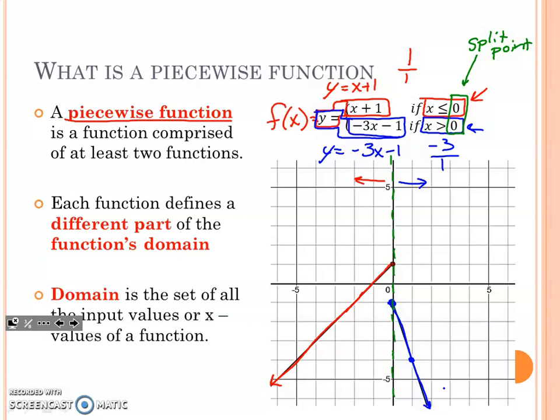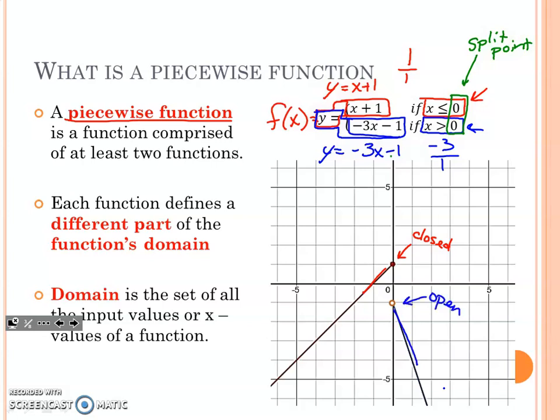One more thing that I want to point out to you guys is that if you look at this, you'll notice the endpoints of these 2 functions are different. The red function has a closed circle, whereas my blue function has an open one.